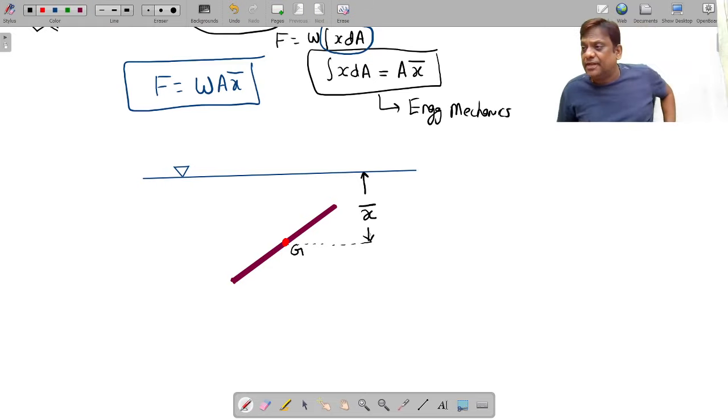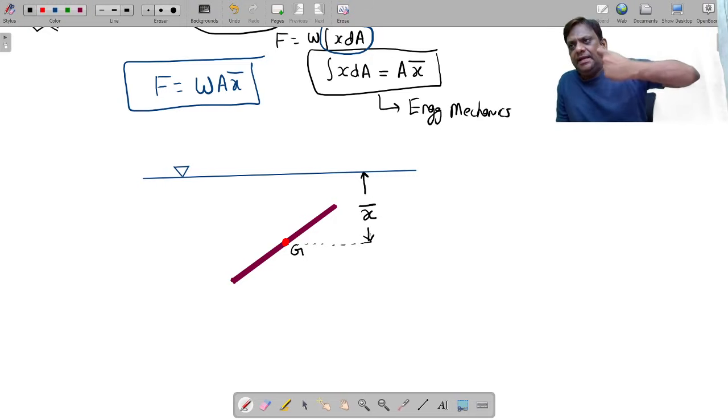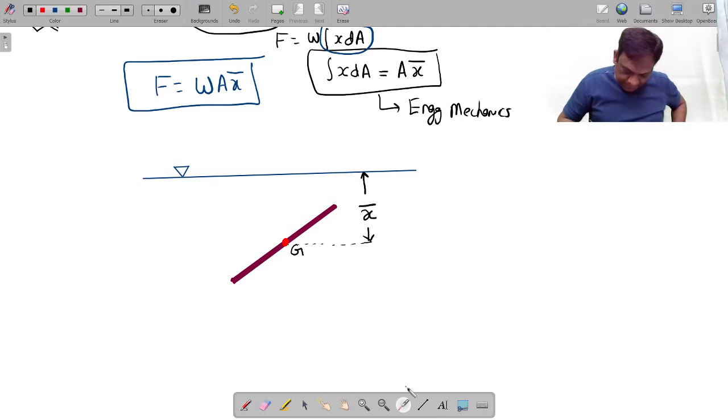Can you tell me the meaning of x bar? Yes, first moment. What is x bar? The vertical distance of the center of gravity from the free surface. This is x bar. Absolutely fine.